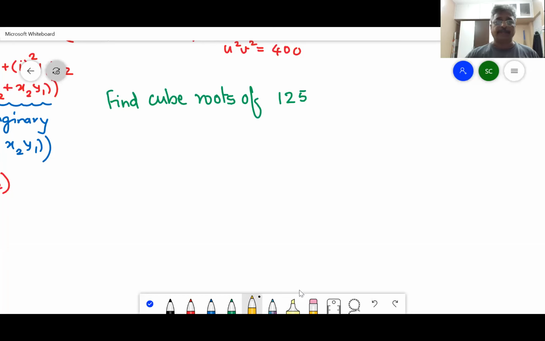Okay, now let us solve it together. First thing, we know it is 125, and therefore, of course, it will have 3 roots because we are supposed to find the cube roots. So practically what we are solving is z cube is equal to 125, and we are supposed to find z.